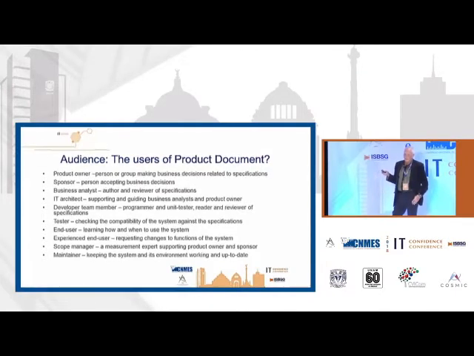Business analysts, it was the metrics analyst that Diana used. So business analysts, they are the authors and reviewers of the specifications. They write the documents. And then IT architects, they are very important people reading the product document, and they will support and guide the business analysts to improve the documentation, and also they can support the product owner to make correct decisions with the architecture.